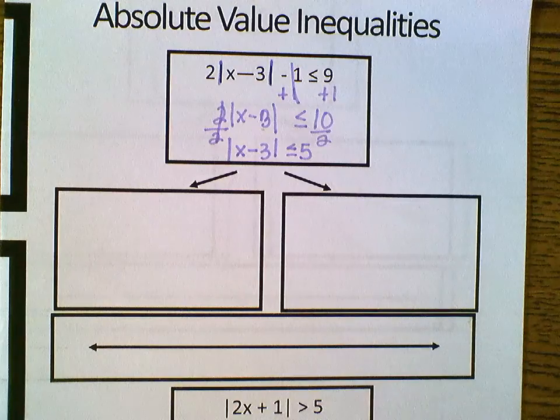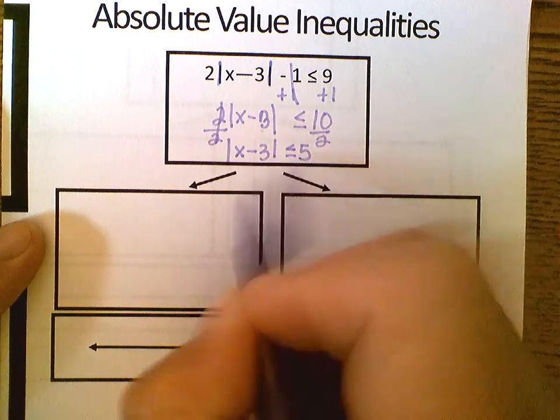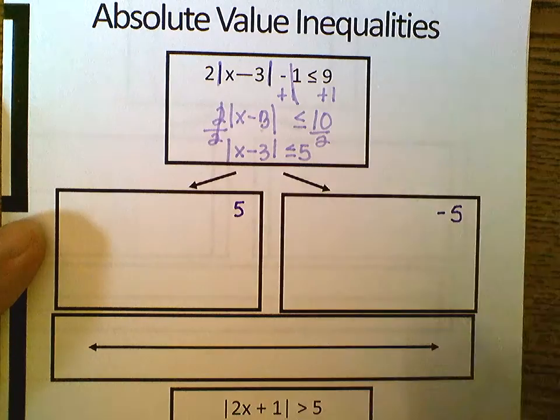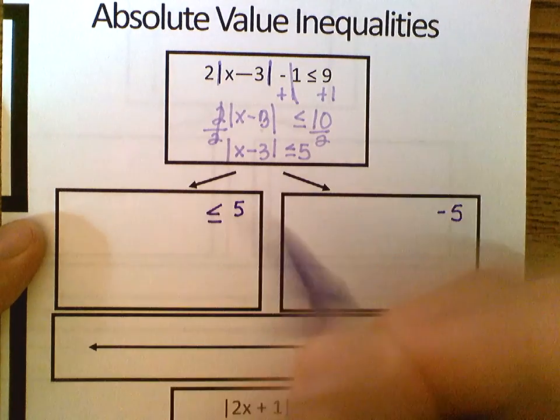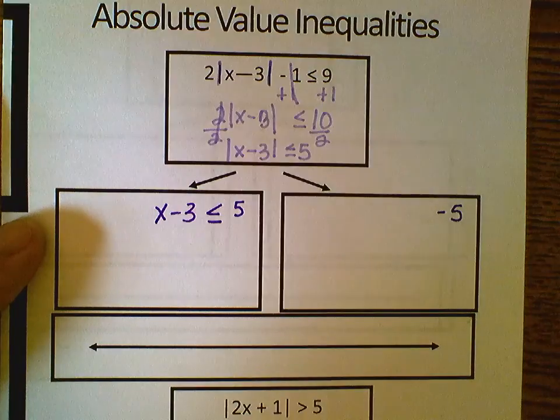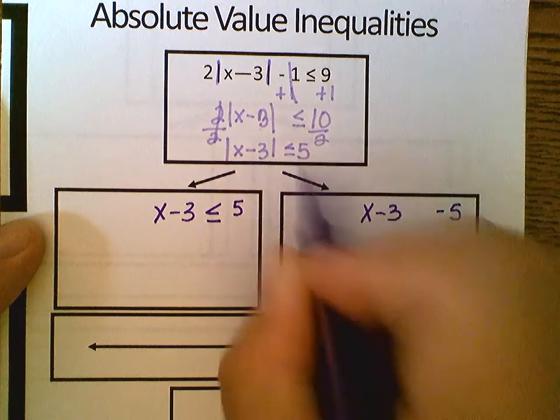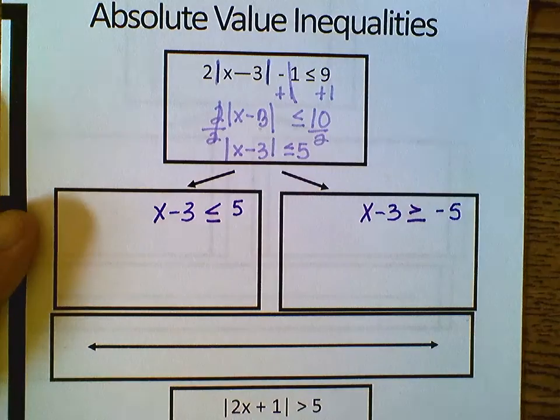So the first thing I'm going to do is, because again, the absolute value is going to be 5 or negative 5, or the stuff inside. The first one, I'm just going to rewrite without the absolute value bars. The second one, I'm going to rewrite, but I have to flip the symbol to greater than or equal to.